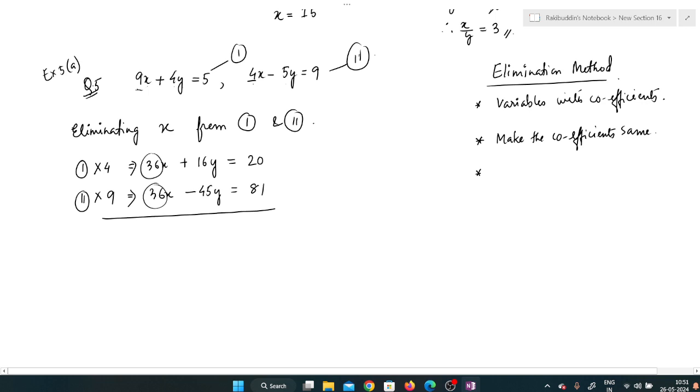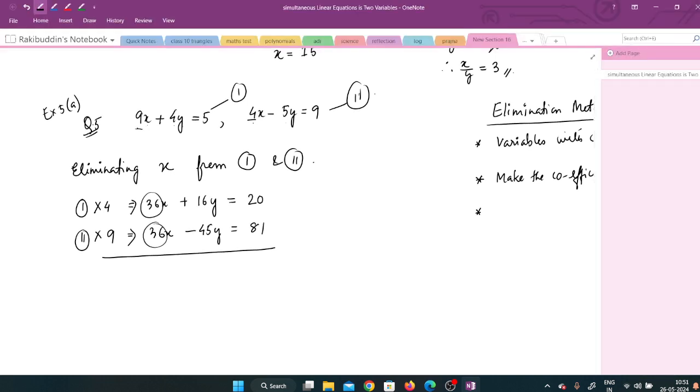Negative negative becomes positive, and here it becomes negative.